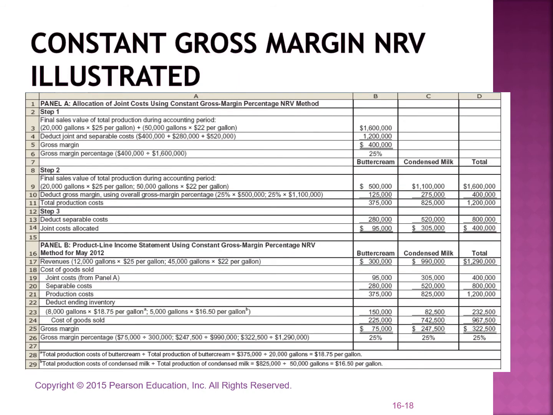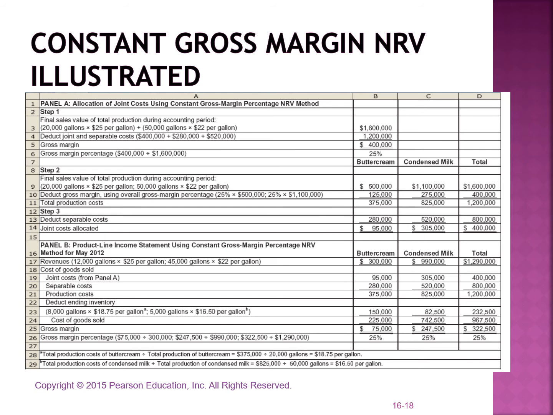First, here I will allocate the joint cost using constant gross margin percentage net realizable value, which means the final sales value here, if you can see it, 20,000 gallons multiplied by 25 plus 50,000 gallons multiplied by 22, and actually here we are talking about again the total production, not what has been sold only.